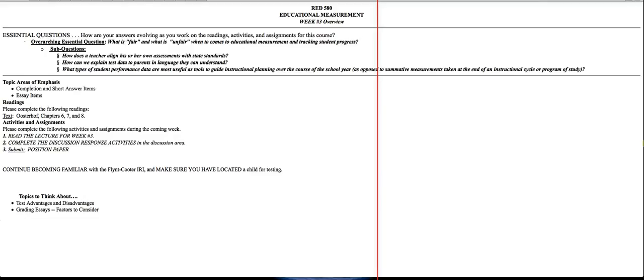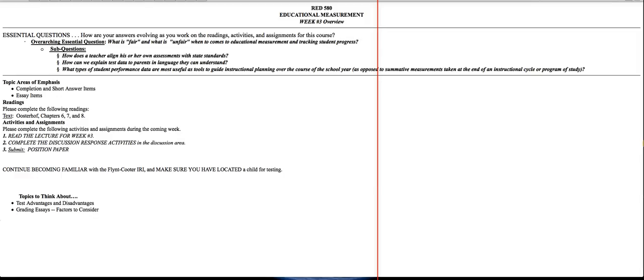By now, you should have completed your submission paper and hopefully submitted it. Make sure you read the lecture for week 3 and all the accompanying material. You need to keep up with the reading in your textbook as well as you begin to consider the construction of test items.